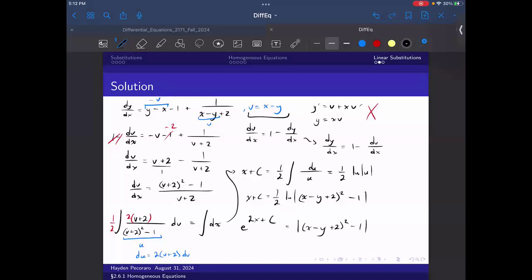And then remember, whenever you cancel out the log and you have that absolute value there, we said it's always a good idea to bring the c down and write it as a single constant c, because now the plus or minus from the log is accounted for in the sign of your choice of c.